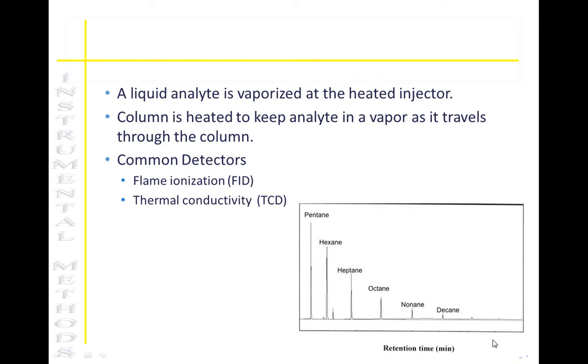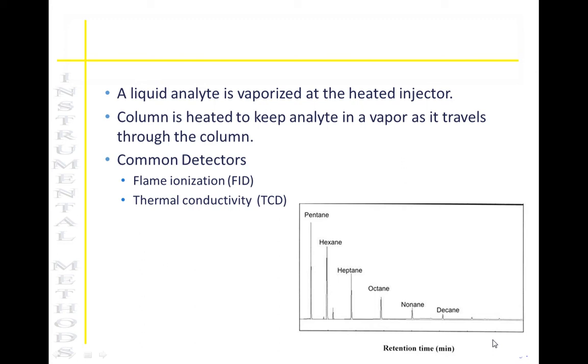So the liquid sample, which contains the analyte, is going to be vaporized at a heated injector. The column is going to be heated to keep that analyte in a vapor phase as it travels through the column and then to the detector.